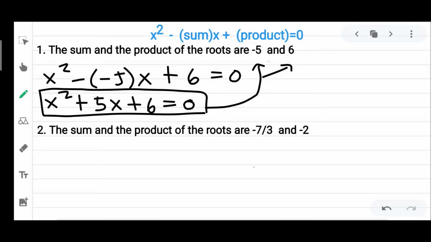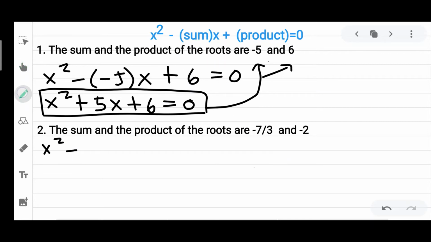Okay, so for our second example, kailangan din natin kunin yung quadratic equation given the sum and product of the roots, which is negative 7 over 3 and negative 2. So, paano natin gagawin? We will use this format na nakalagay sa taas. So, copy x squared minus the sum. Ano ba yung sum natin?